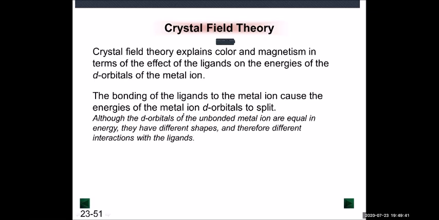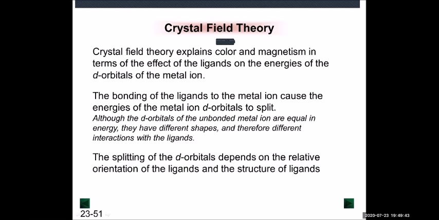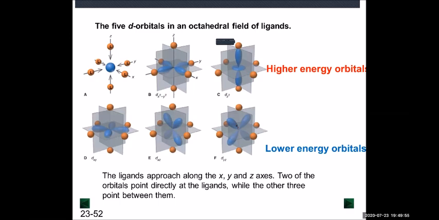The interaction, which is a little bit of repulsion, causes 2 of the 5 d orbitals to have higher energy than the rest of the 3. This is how the ligand interacts with the d orbitals in the central metal, which is the blue metal.